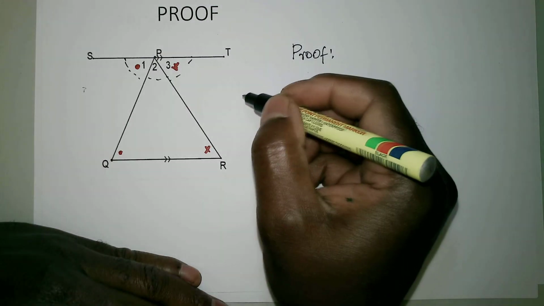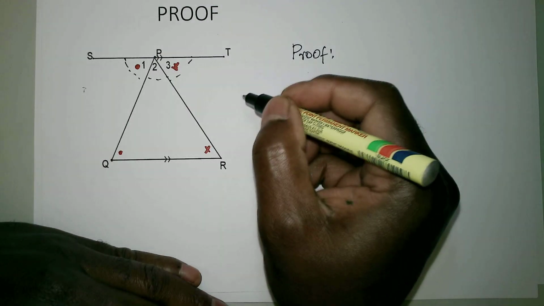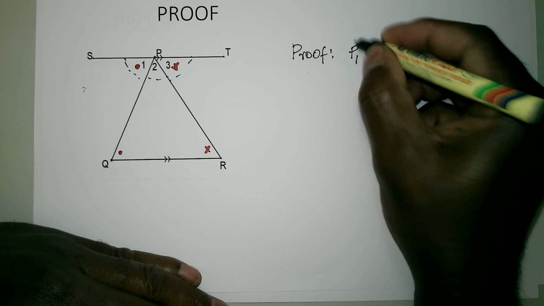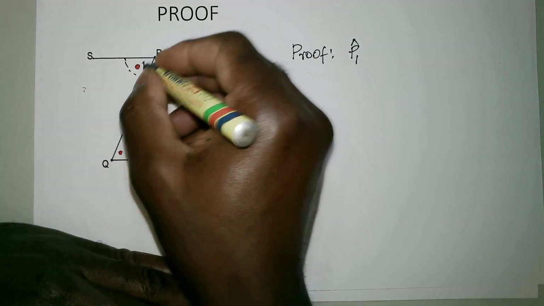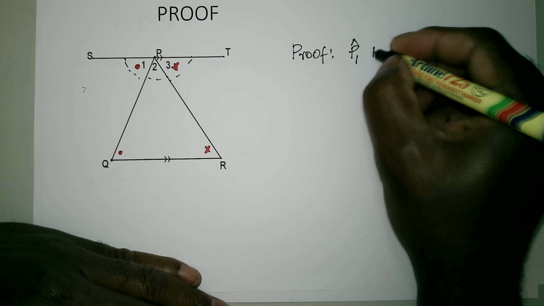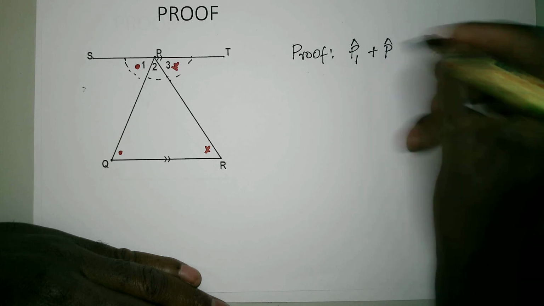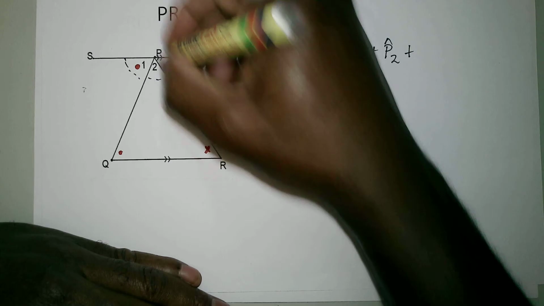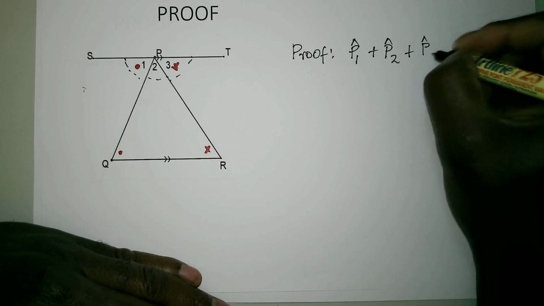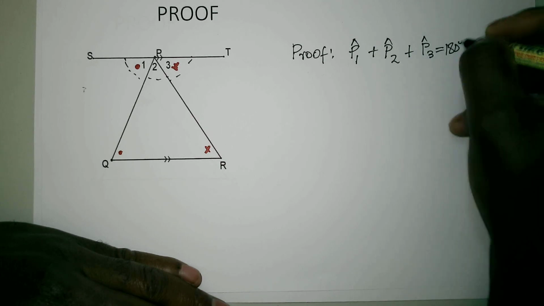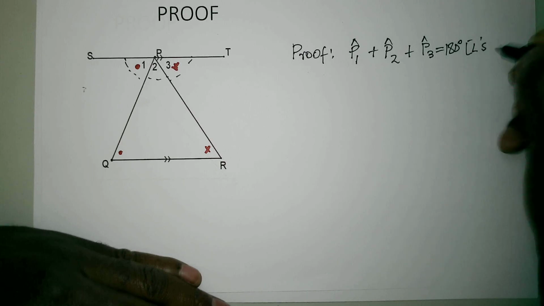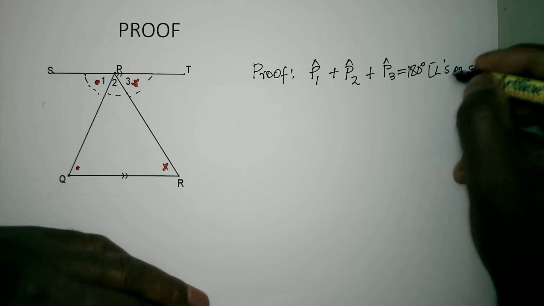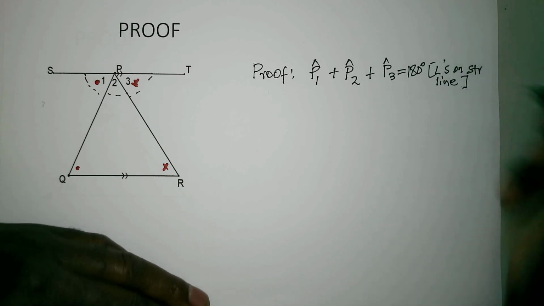So for the beginning, we are going to say angle P1 plus angle P2 plus angle P3, which is this one, is equal to 180 degrees. Angles on a straight line.